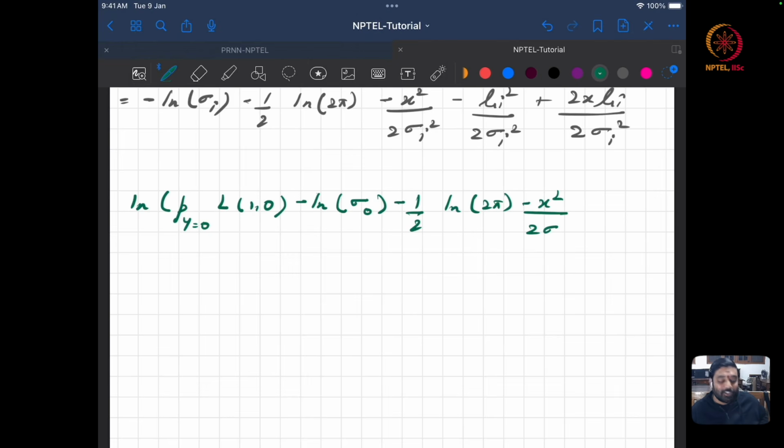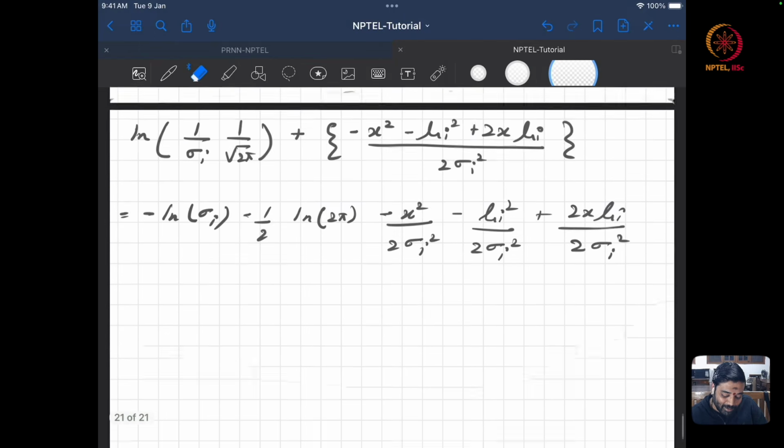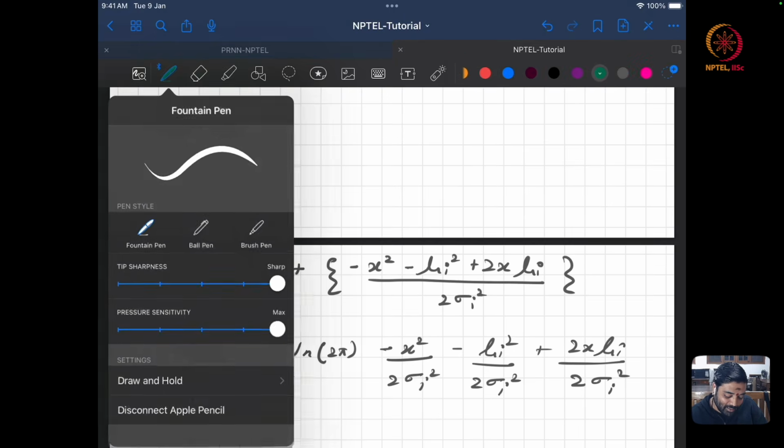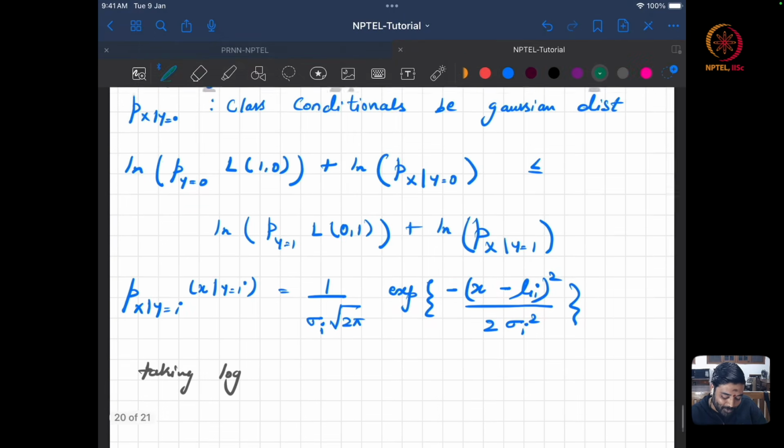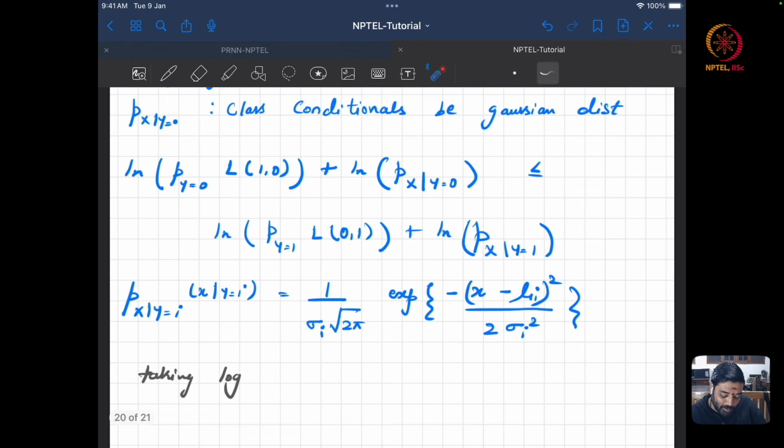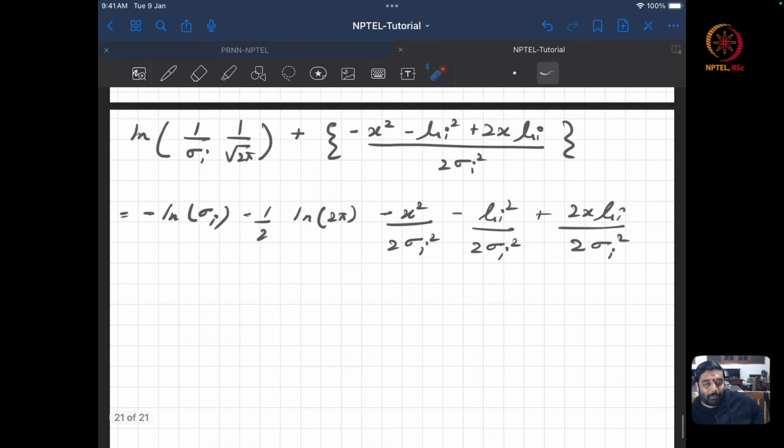Okay, so let's do this. I'll leave this whole algebra to you, and then I'll rearrange the terms and write the final equations. I assume that you can substitute this. See, think of it like this. Now what is happening? You have an x square term, you have an x term.